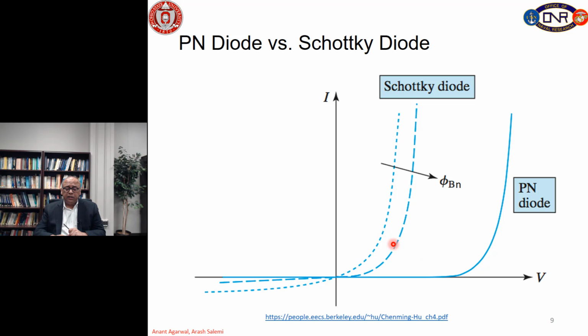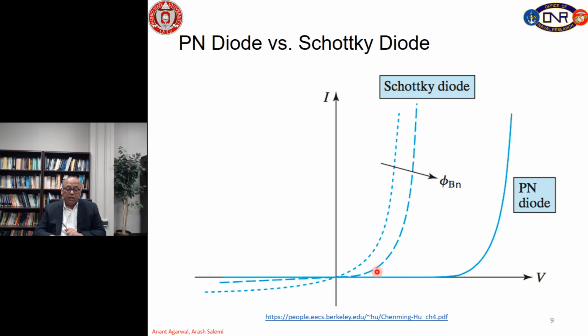You can also see that the knee voltage is smaller than a knee voltage of a PN diode for a given semiconductor. So, in silicon, this knee voltage for PN diode is of the order of 0.7 volts. In silicon carbide, this knee voltage for Schottky diode would be of the order of 0.4 to 0.5 volts.